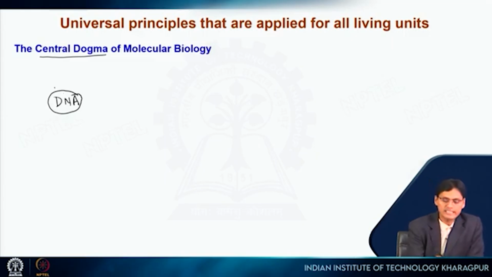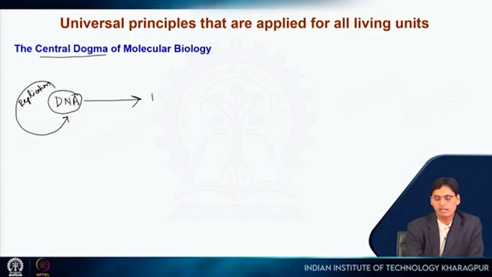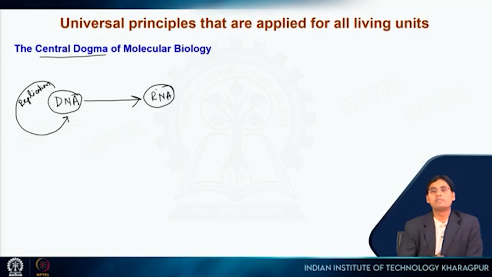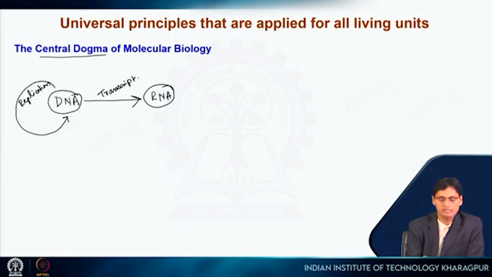Now DNA goes to DNA, DNA can make DNA, right? And this process is called replication. And then DNA forms RNA, this is another polymer which is also made up of nucleotides. This process is called transcription.